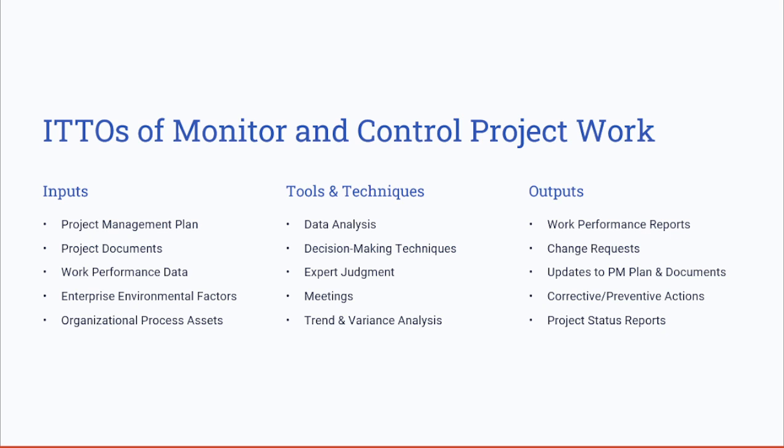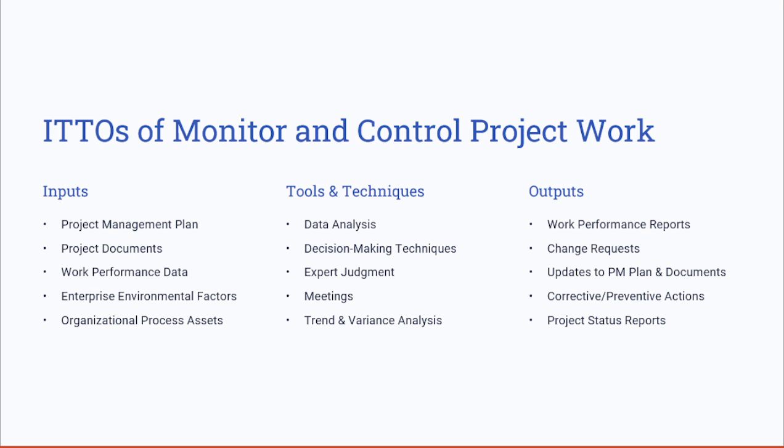The most common tools and techniques that we have discussed include data analysis, decision-making techniques, expert judgment, meetings, and trend and variance analysis. The outputs, on the other hand, include the work performance report or performance information, which compares the project plans with the execution, the work performance data, to produce the work performance information and work performance report.